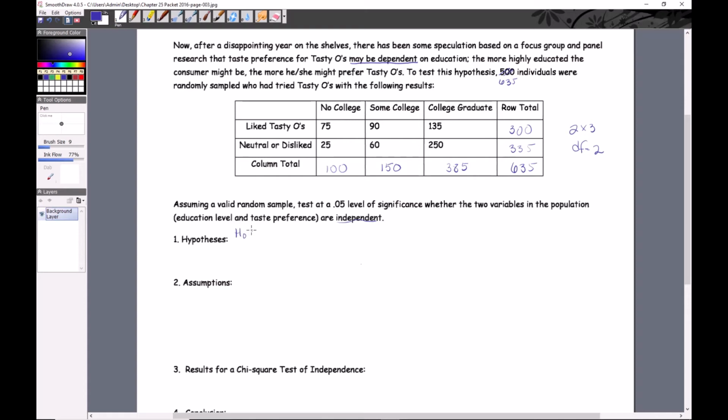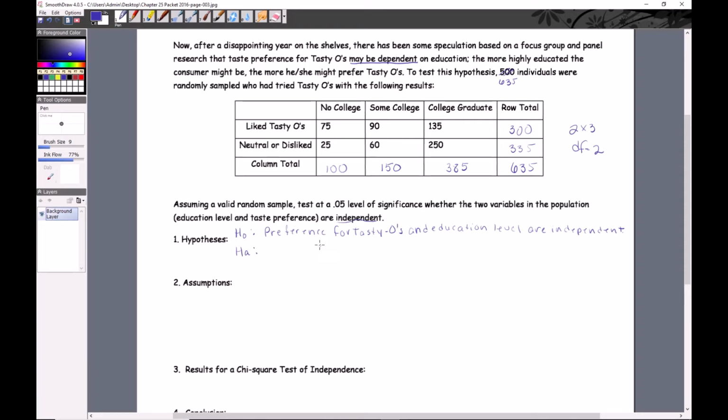Okay, H0 is the preference for Tastios and education level are independent. Okay, and HA is that they're not independent.